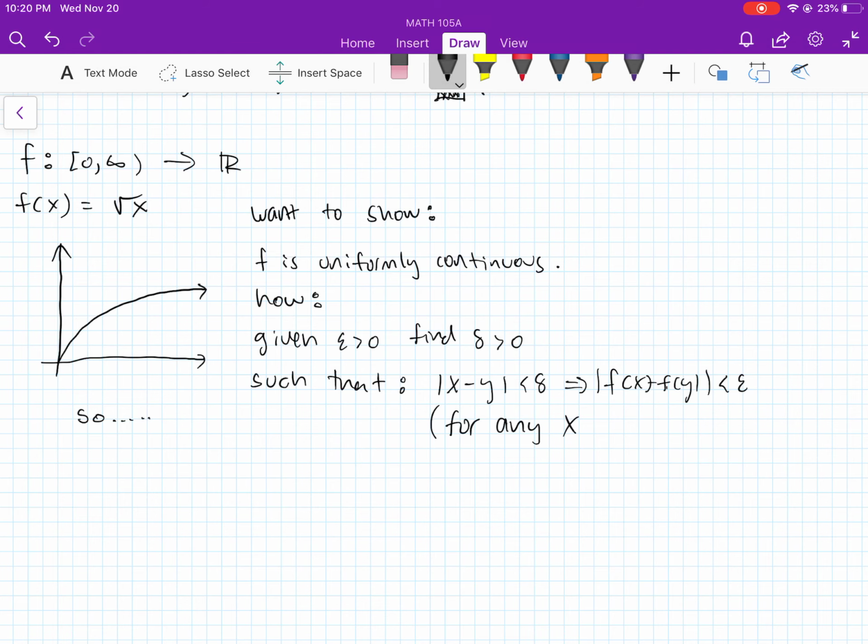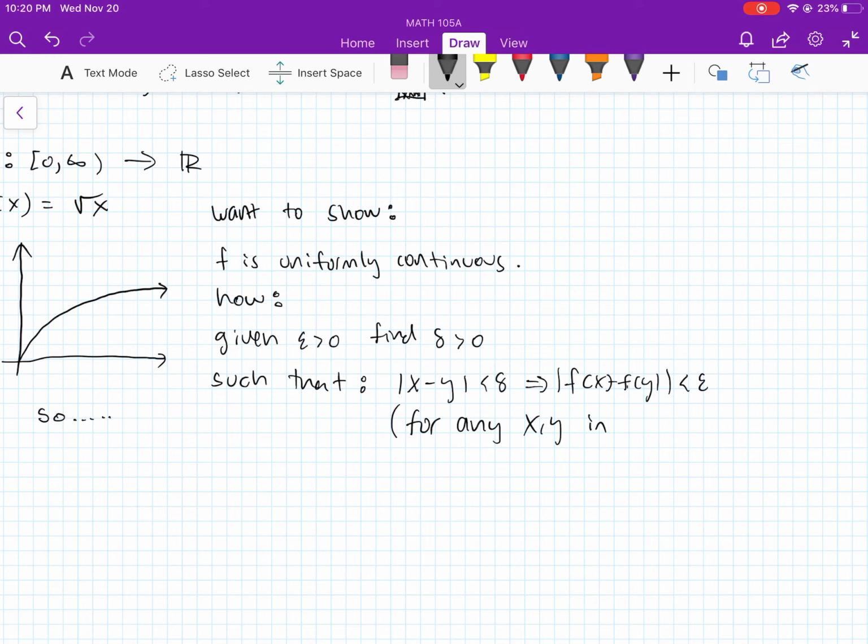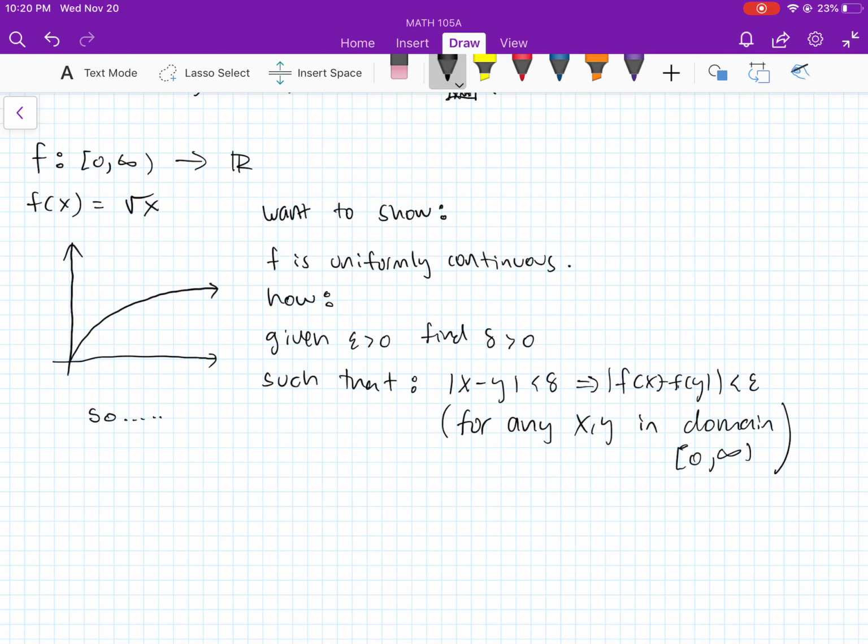So right here I'm just writing down the uniformly continuous definition, kind of a shortened version, just emphasizing that it's for any x and y in the domain.